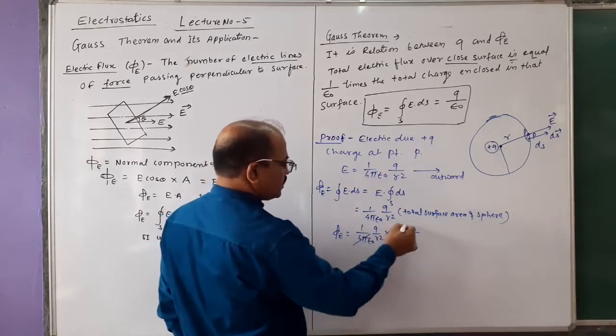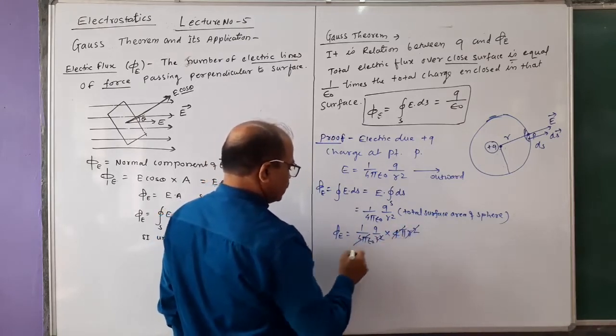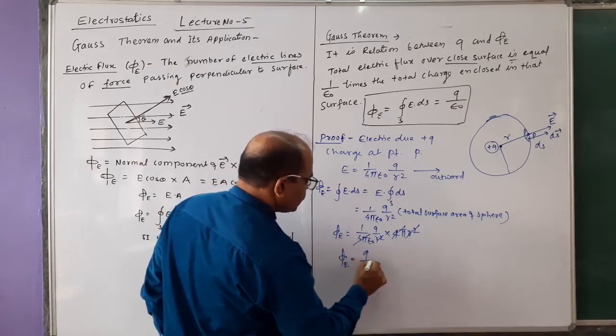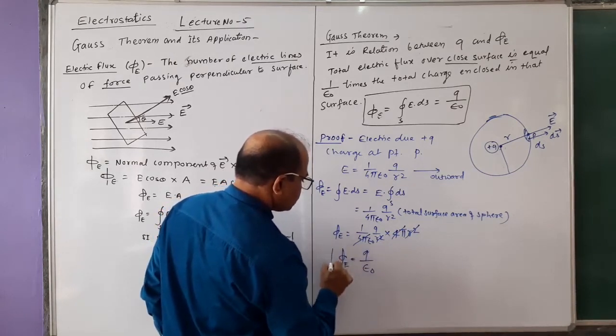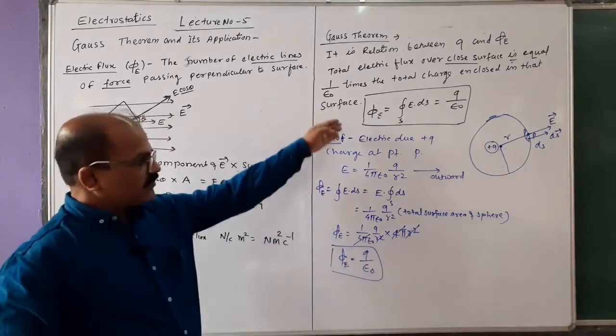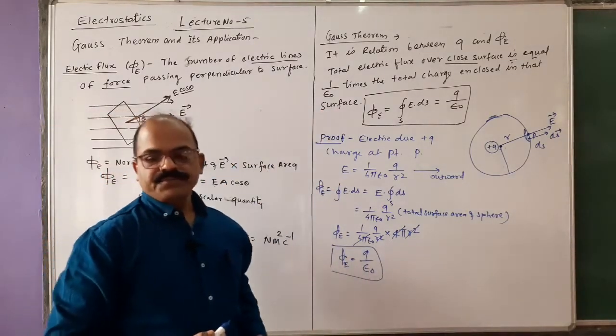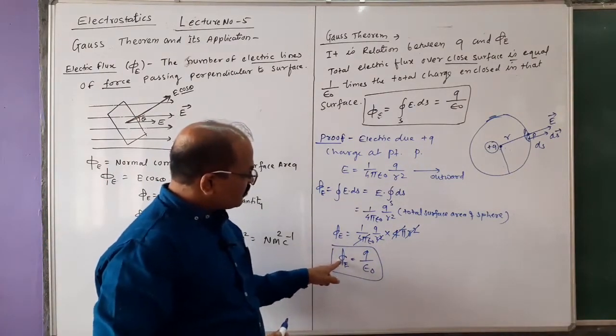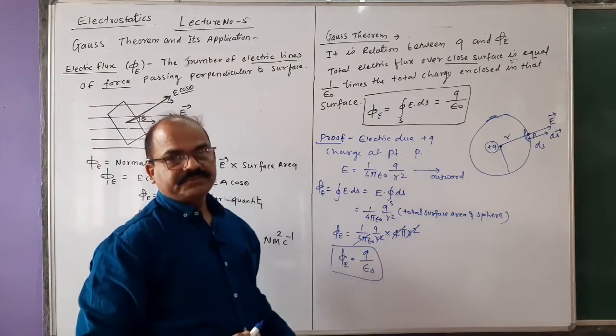The 4 pi cancels, r square cancels, and the electric flux phi E is equal to Q divided by epsilon naught. This is the proof of the Gauss theorem. It is very easy, and it is a relation between flux and charge.